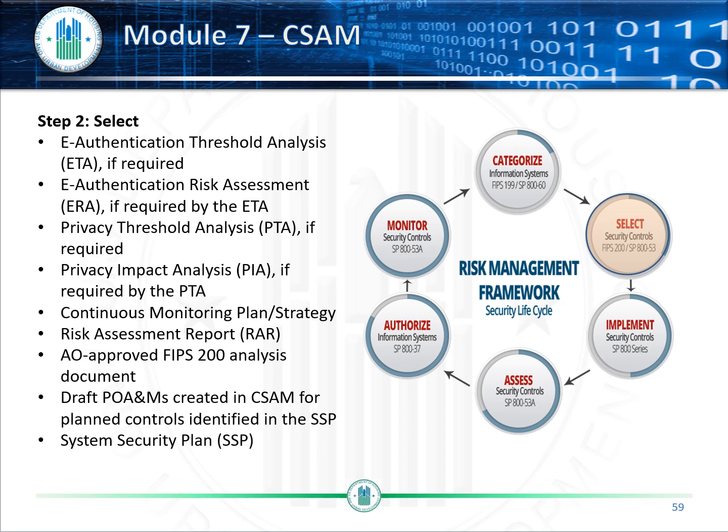These include the e-authentication threshold analysis or ETA if required, the e-authentication risk assessment or ERA if required by the ETA, the privacy threshold analysis or PTA if required, the privacy impact assessment or PIA if required by the PTA, the continuous monitoring plan or strategy, the risk assessment report or RAR, the AO-approved FIPS 200 analysis document, draft POAMs created in CSAM for planned controls that are identified in the system security plan, and the system security plan itself, or the SSP.